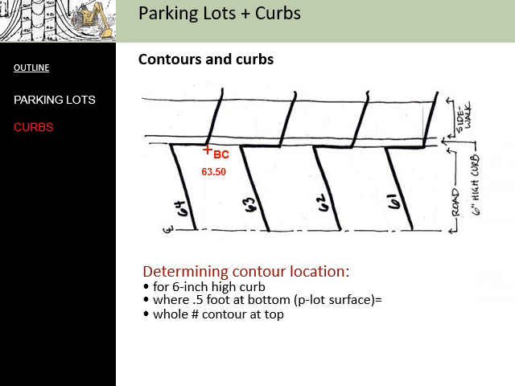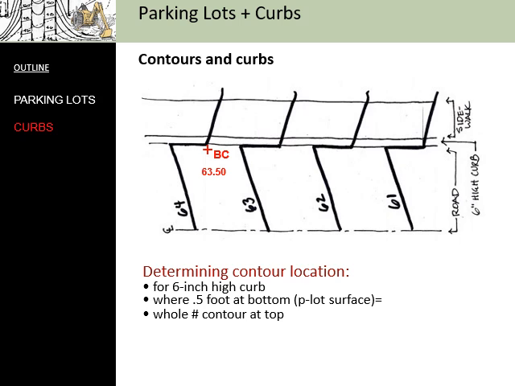So here we have a plan drawing of the exact same situation. We've got the 64 contour coming over where it's going to hit a 6-inch curb. It's going to run halfway along the curb towards the 63. It is then going to cross over the curb and run away from the parking lot. And because these are 6-inch curbs in this drawing, you can easily imagine that the bottom of curb, where the contour crosses over on the top, is simply going to be 6 inches below.